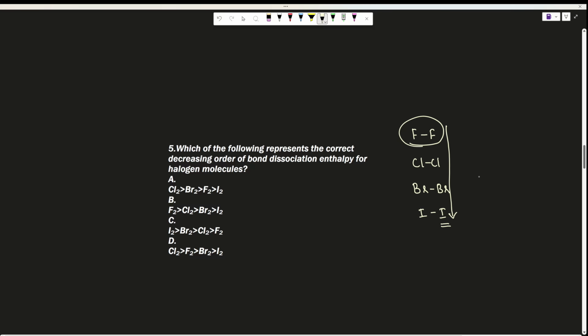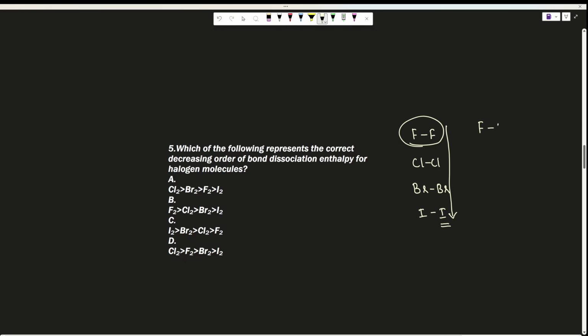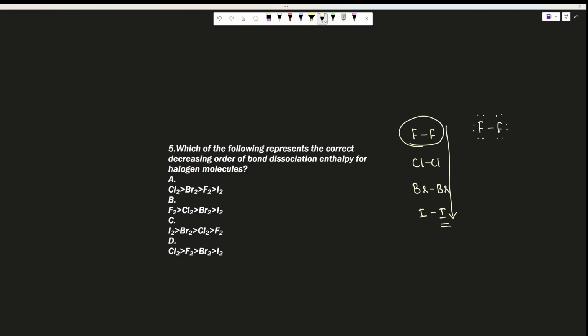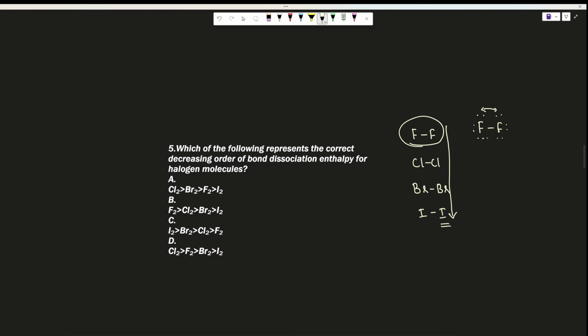So when you consider fluorine, what happens is you have lone pairs on it, and fluorine is very small in size. This is the same as what we considered for nitrogen in 15th group. Due to the small size, these two atoms are very near to each other and there are lone pairs, so there will be high repulsion between these lone pairs, which makes this bond unstable.